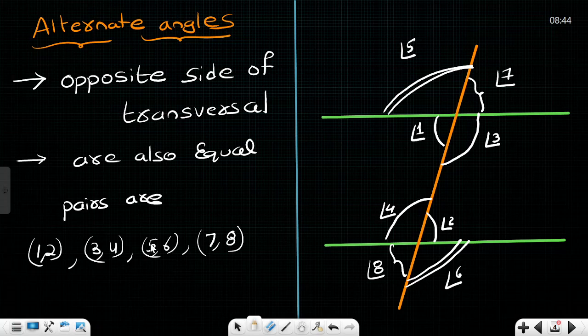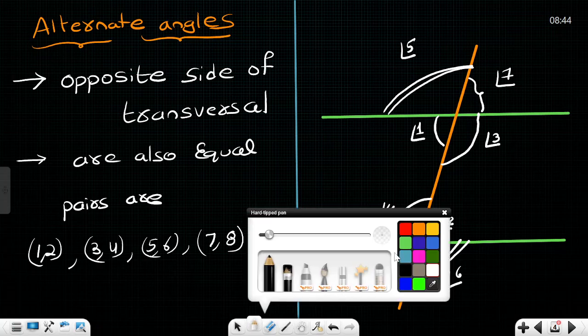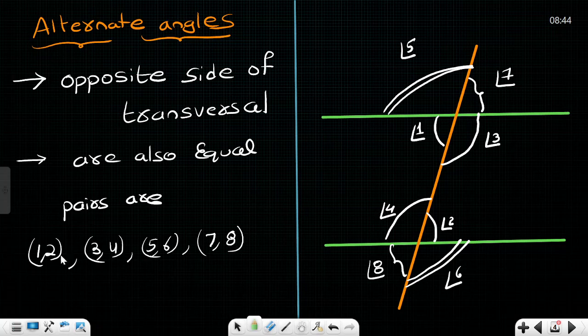Now I told you in alternate angles there are interior alternate angles, exterior. Very simple. The alternate angles which are in the interior region of the parallel lines are called interior alternate. So now 1, 2 and 3, 4, these are in the interior region, na? Therefore they are called interior alternate angles.